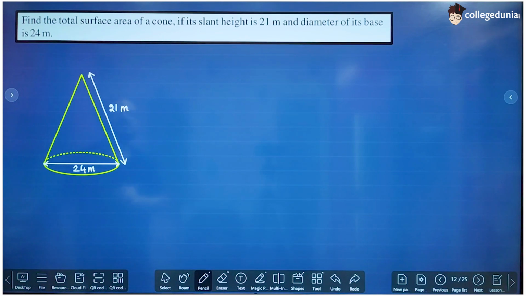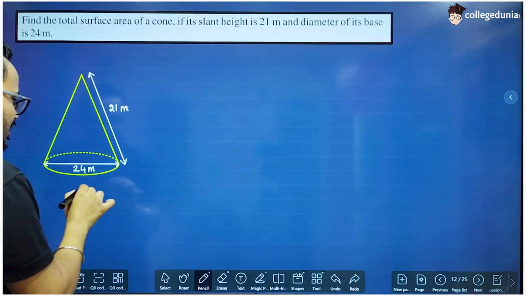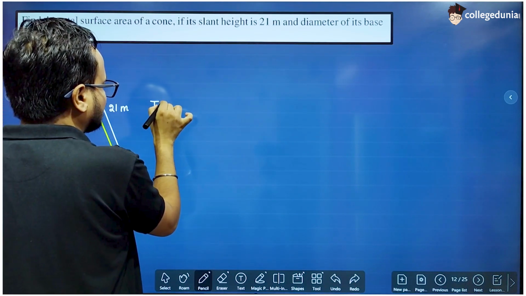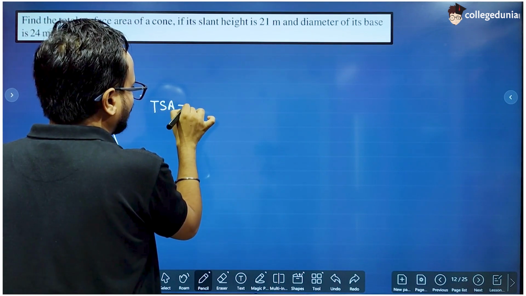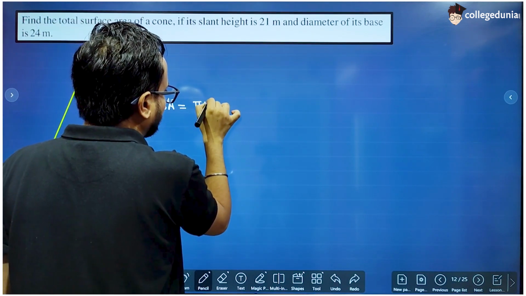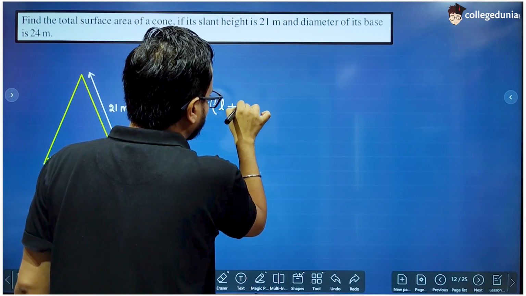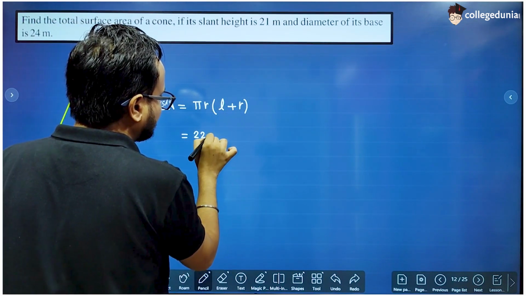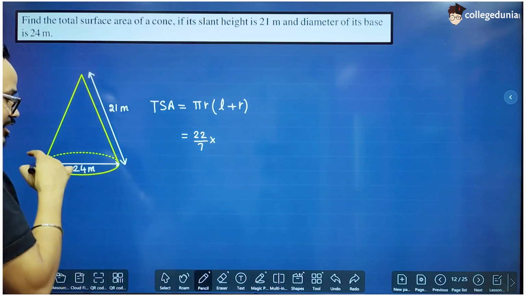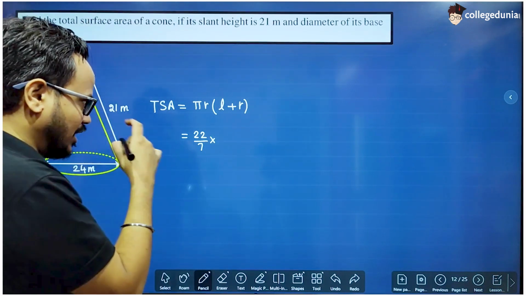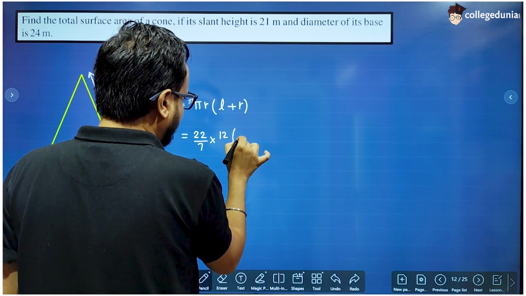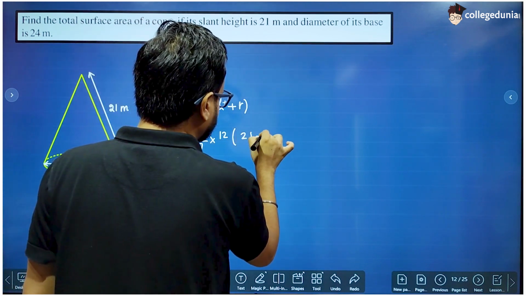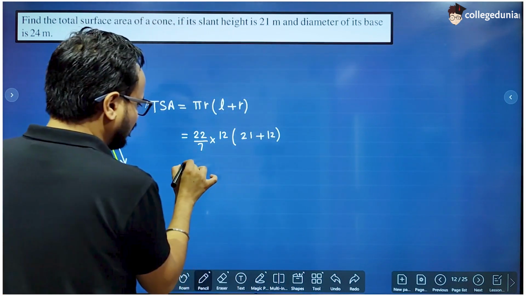We have to find the total surface area. So the total surface area using the formula that we have just discussed is pi r into (L plus r). So that is 22/7 into r, 24/2, the radius of the base is 12, into (L 21 plus r 12).